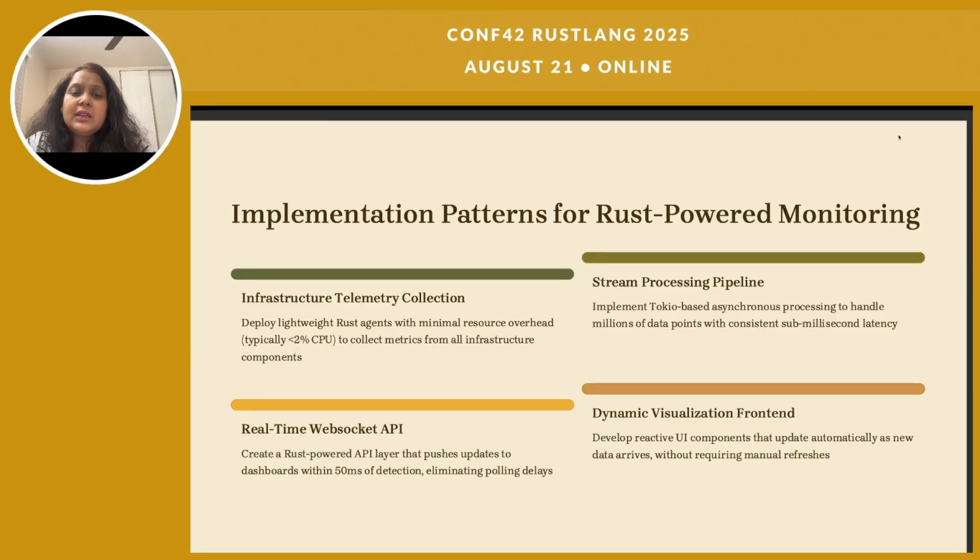So let's see how we want to implement this. A typical Rust powered monitoring stack may include an agent layer, which is lightweight Rust binaries, maybe less than 15 MBs, less than 2% CPU use, sending telemetry over gRPC or WebSockets.